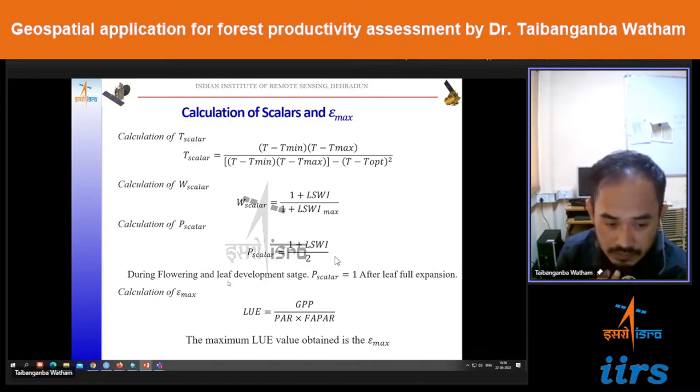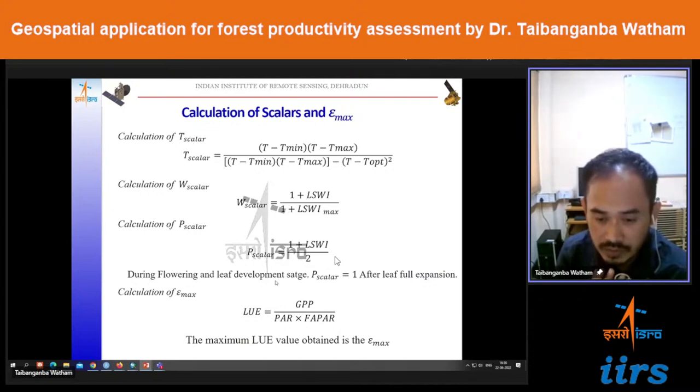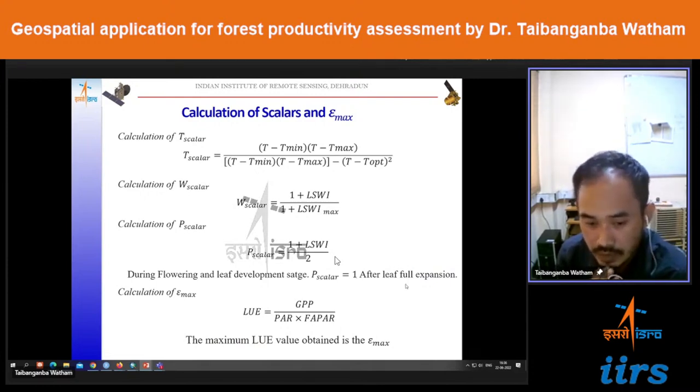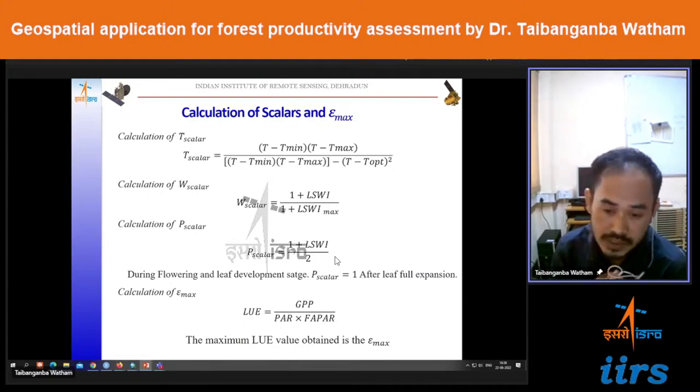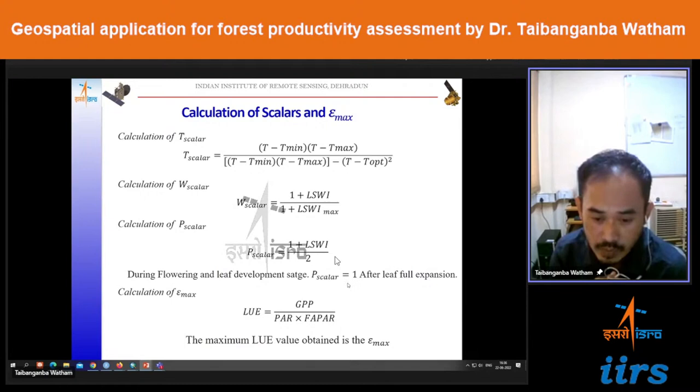Once the flowering and leaf development stage is over, the P scalar value is supposed to be 1, or once the leaf expansion is full and leaf greening has totally taken place, then we use the value of P scalar as 1, as there is no constraint from the phenology side. That means there is no phenological limitation on the productivity of that forest or vegetation.